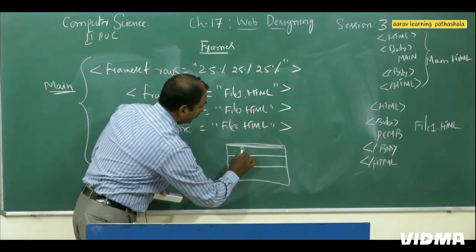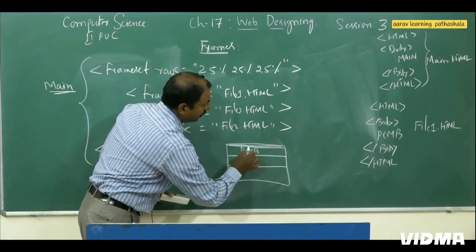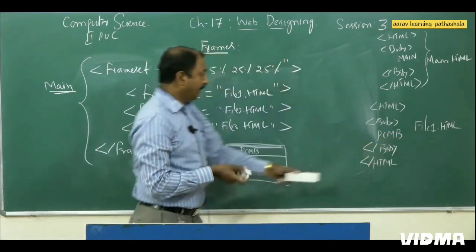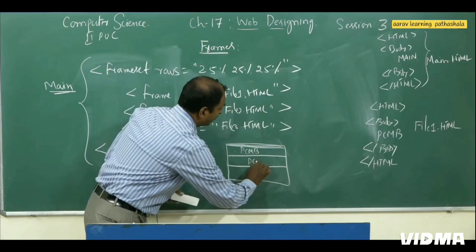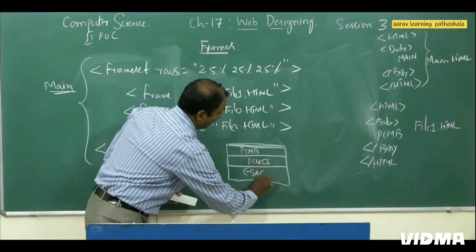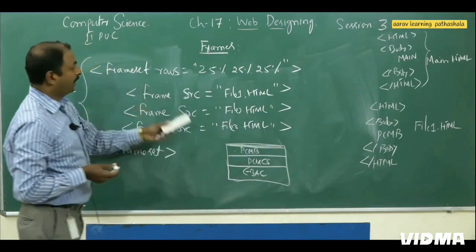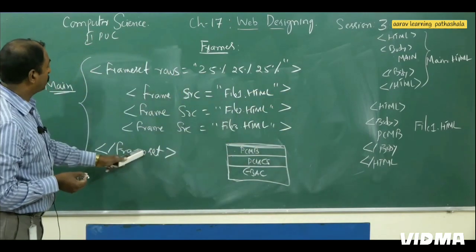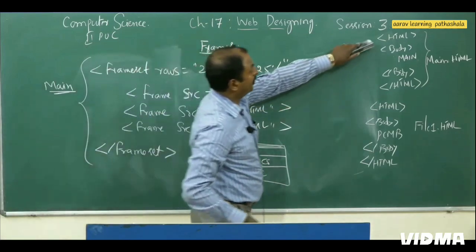For example, this is PCMB, similar to this. This is the PCMB file. Similarly, we write here PCMCS, EBAC. So again, these are individual programs, and this syntax we are supposed to include in the main program like this.